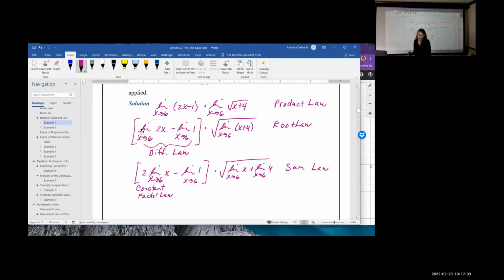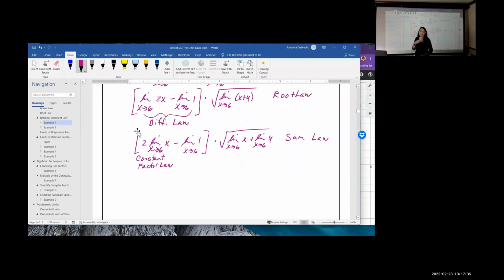And now that I've reduced pretty much everything inside of the limit to one single term, I can go ahead and evaluate it. So this is going to give me 2 times 6 minus 1 for the first set, the radical of 6 plus 4 for the second set. 2 times 6, remember, order of operations, multiply first.